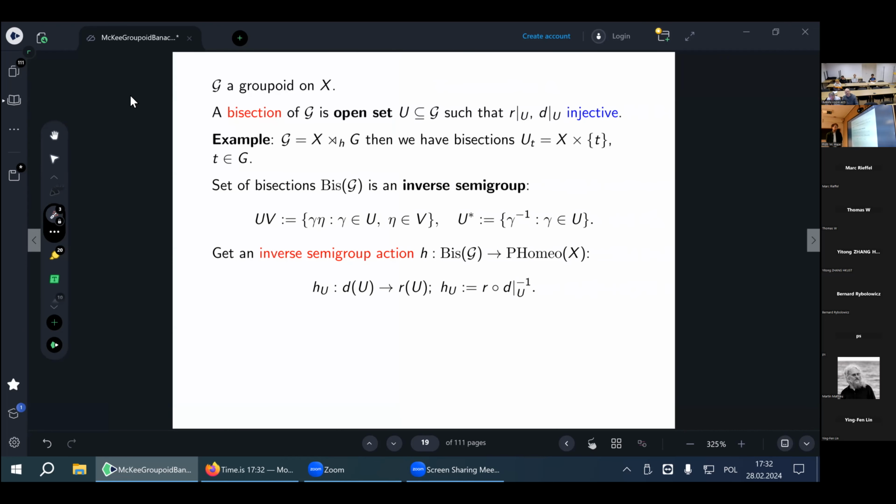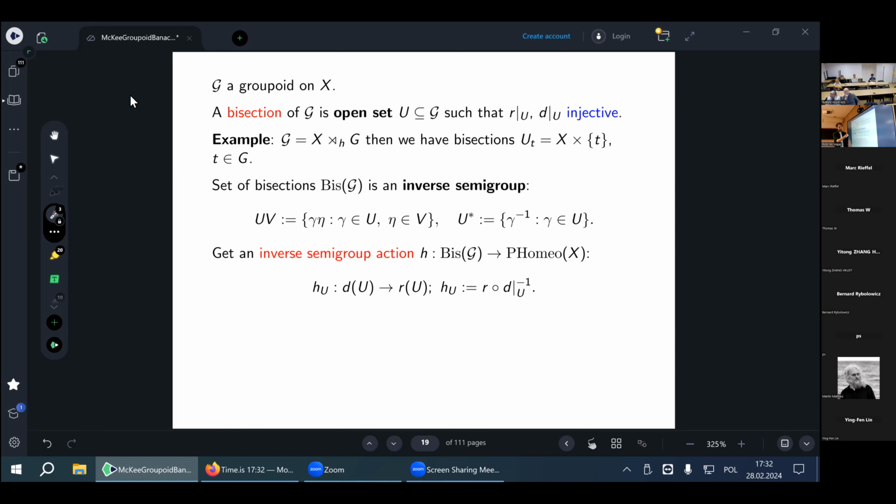So tying all these things up together, the collection of bisections forms an inverse semigroup. The product of two bisections is just the product of their elements, where the range of theta is the domain of gamma, so this product is defined.